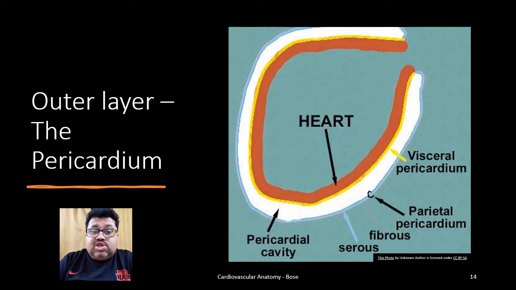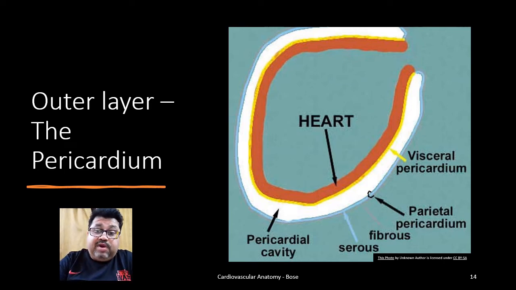The outermost layer of the parietal pericardium is a tough, fibrous layer of dense connective tissue. This connective tissue is irregular, that gives it immense strength in every possible direction. The inner surface of the visceral pericardium is just a folding of the parietal pericardium.